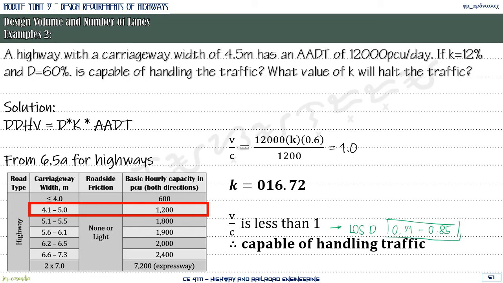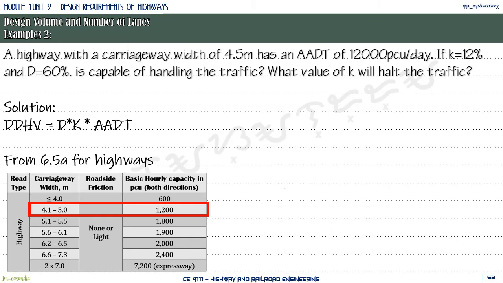Okay, so for the next question, what value of K will halt the traffic? So we will still be using the same equations and the same value of our capacity. So we'll be solving again V over C, which is equal now to 12,000 times K, since we are solving now for the value of K, so this is unknown, times 0.6 divided by 1,200.